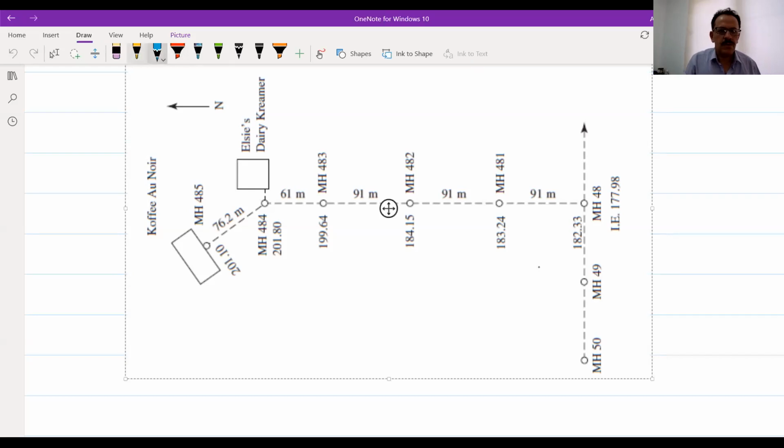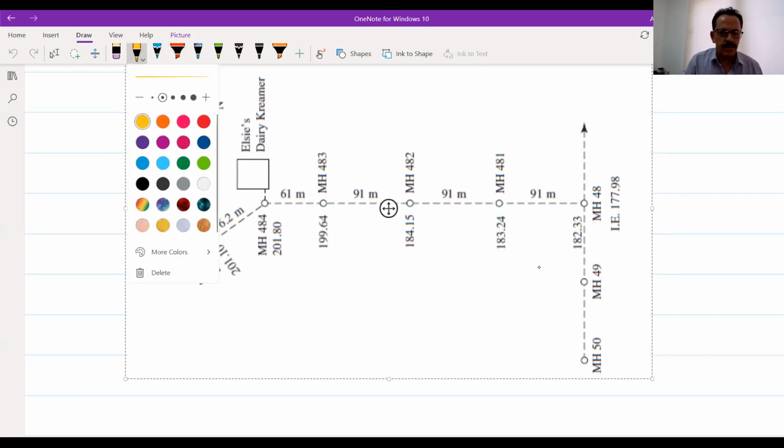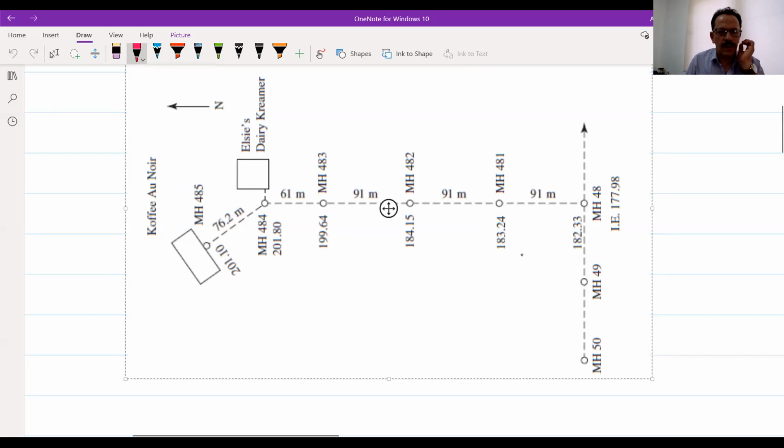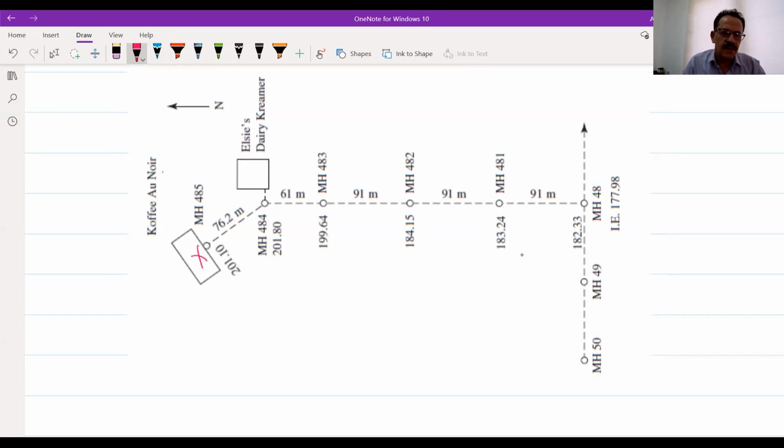So we have this example. Here we have a cafe which is called Onur, and we have another cafe here.